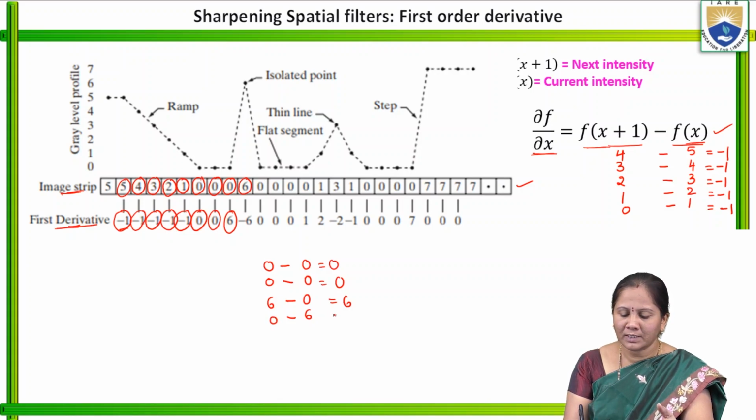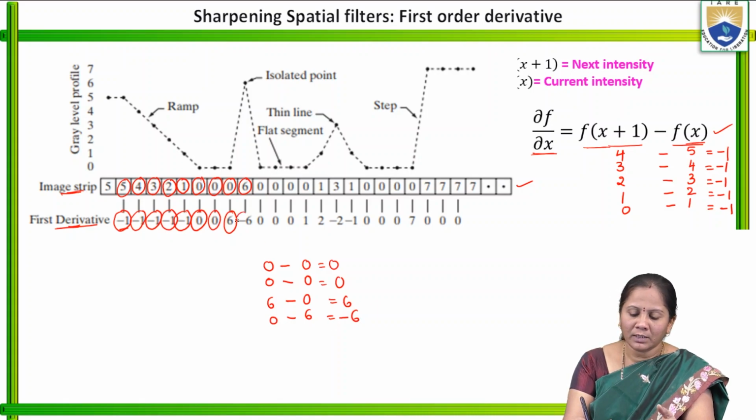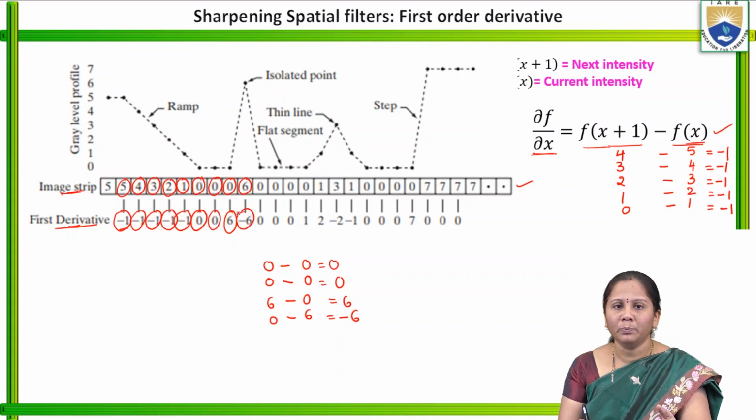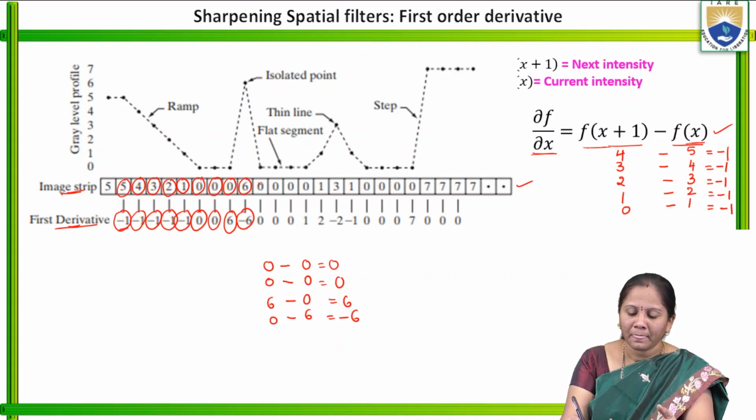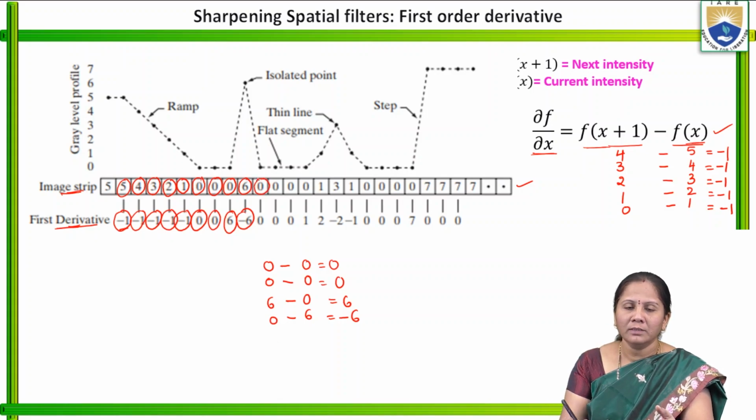So 0 minus 6 is equal to minus 6. That's why the first order derivative output is minus 6. Now, considering this 0 as the current intensity value, the next intensity value for this is 0. The result will be equal to 0. So here we can observe 0.